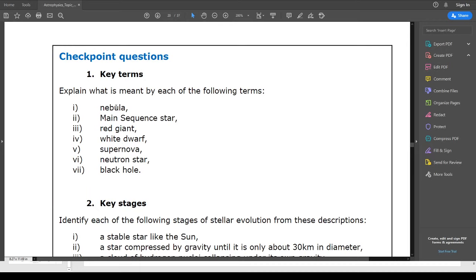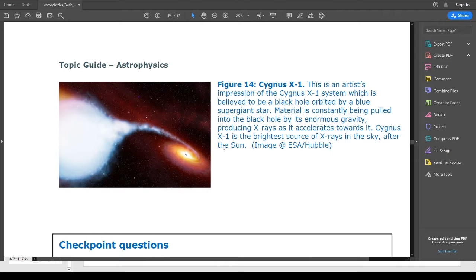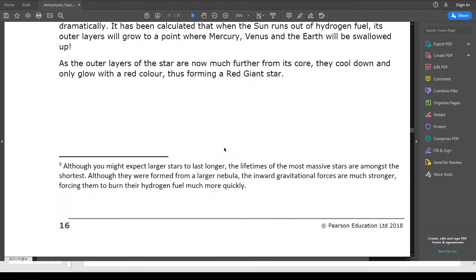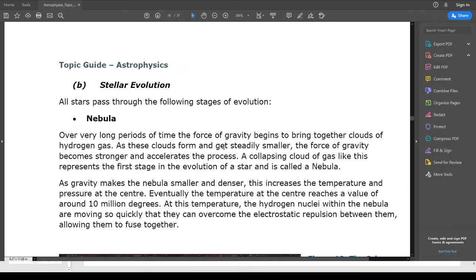Explain what is meant by a nebula. Try to recall it in your head before I tell you the answer. Do you remember what is meant by a nebula? Okay, now let me tell you the answer.